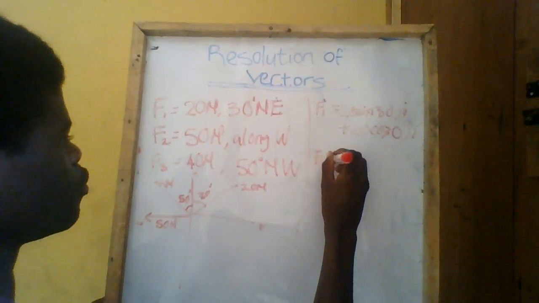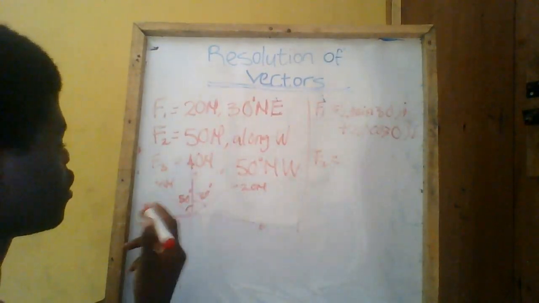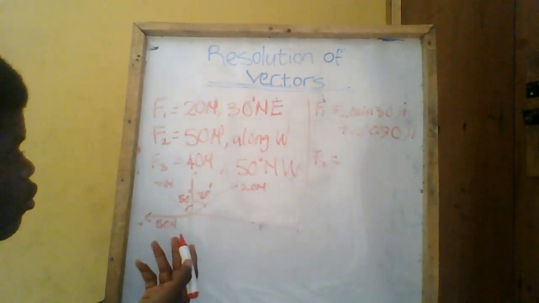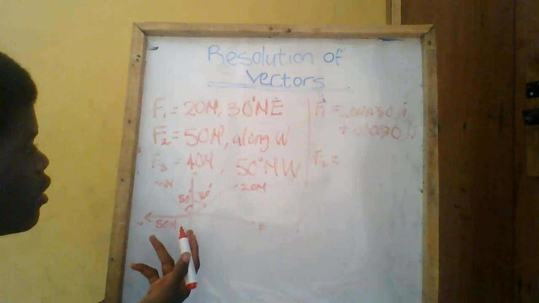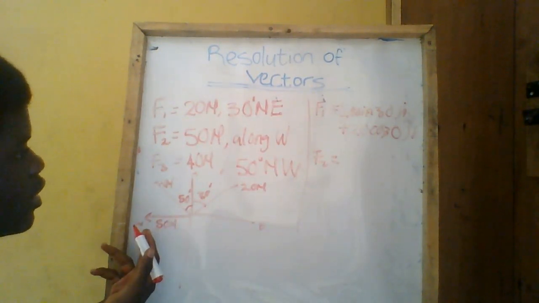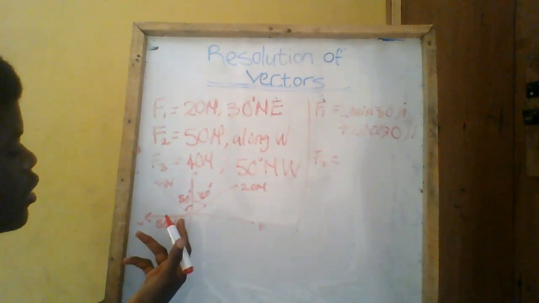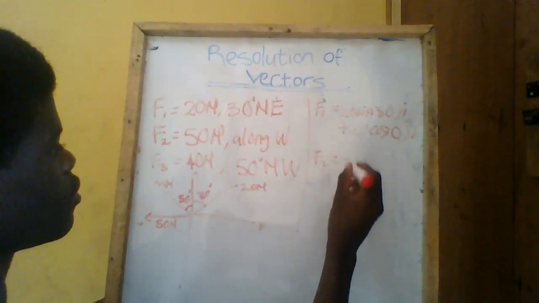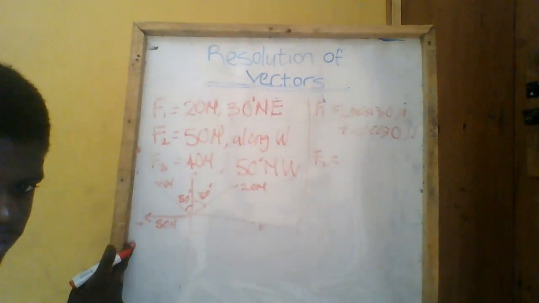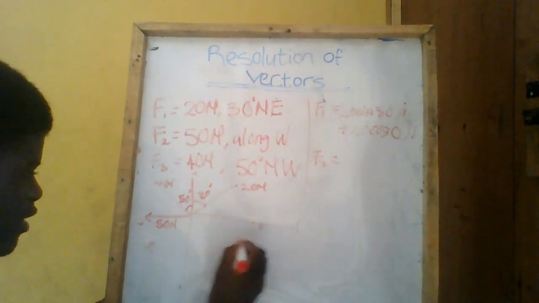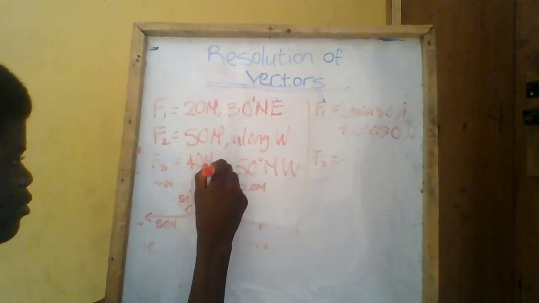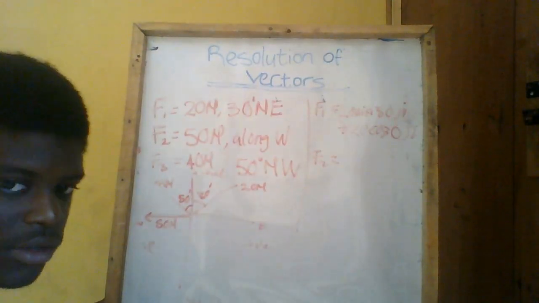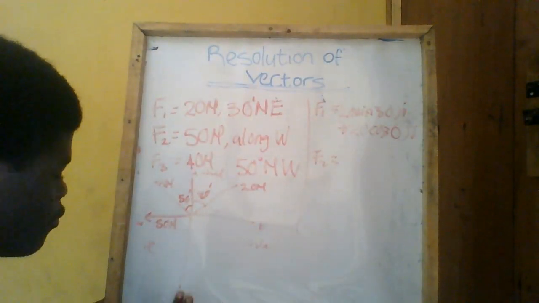F2 will be 50 Newton along west. This is in the negative x axis, right? And there's no angle there, so it's just the minus. Do you know why it's minus? Because it's the negative x axis. Anything here is negative, anything here is positive, the normal concept you know before.